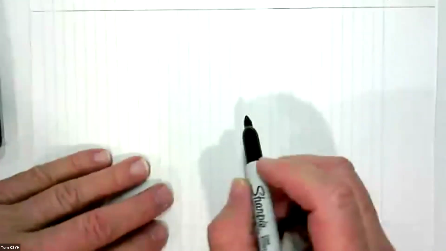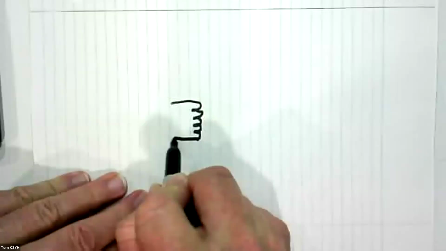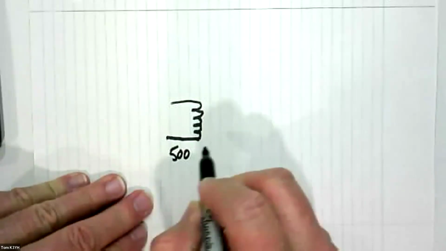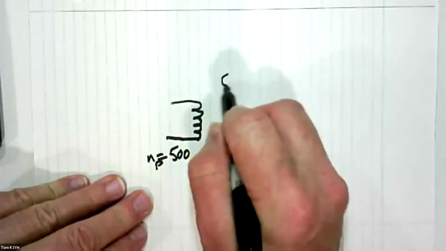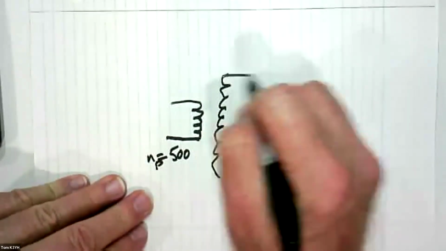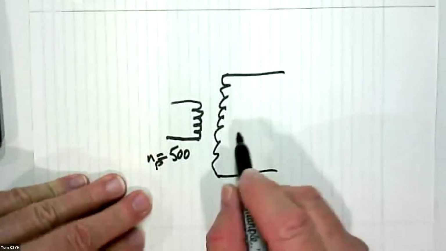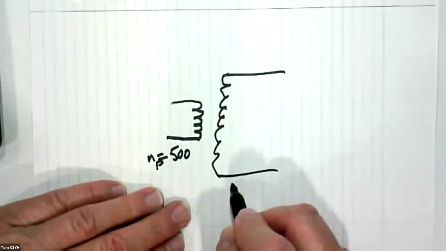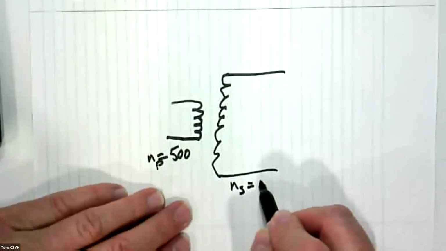Okay, so I've got a transformer, and let's see, it's 500 on the primary and 1500 on the secondary. So I'm not going to draw 500 turns, but this is 500, and it's kind of N primary. And over here, there's more. Typically on a schematic, they don't draw that. They just draw both sides the same. So I'm drawing it just to give you the idea of what's going on. So on this side, the N secondary equals 1,500.